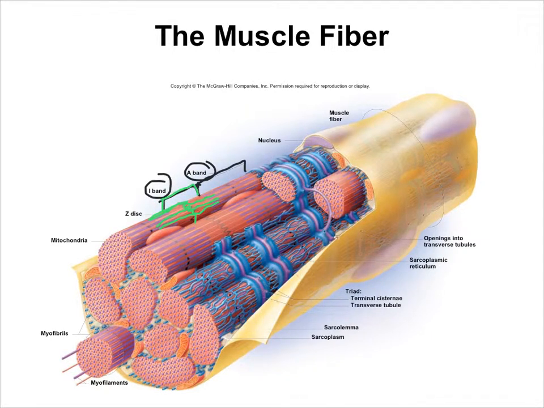The area where you have both thick and thin filaments, that is called the zone of overlap. And we'll go over all that again when we get into the function of the sarcomere.